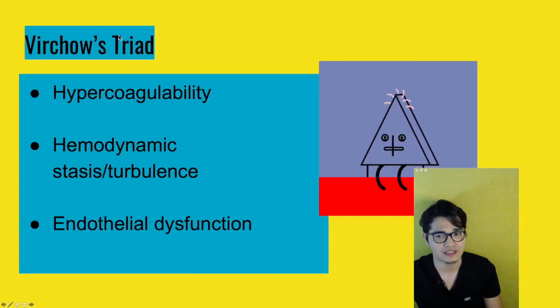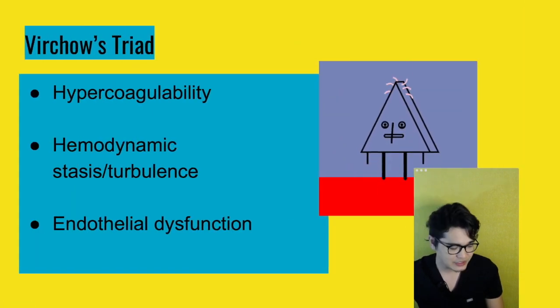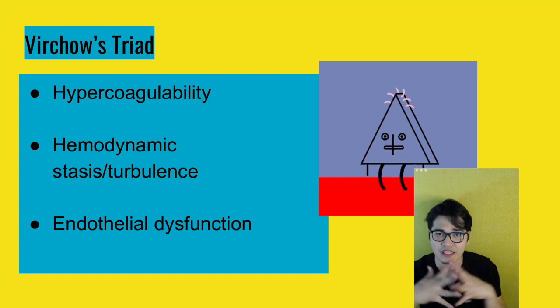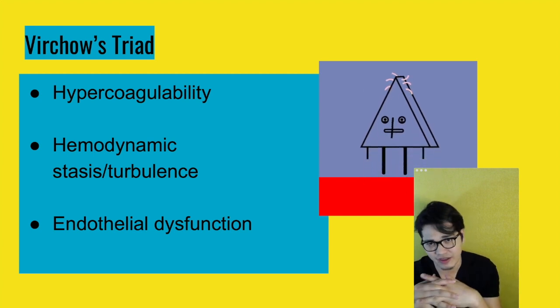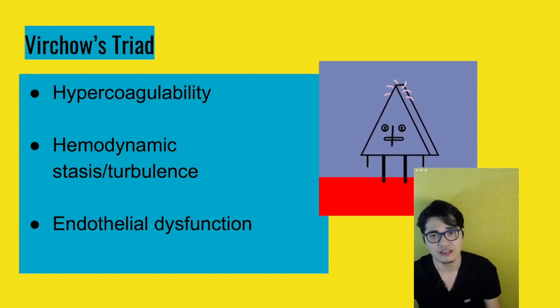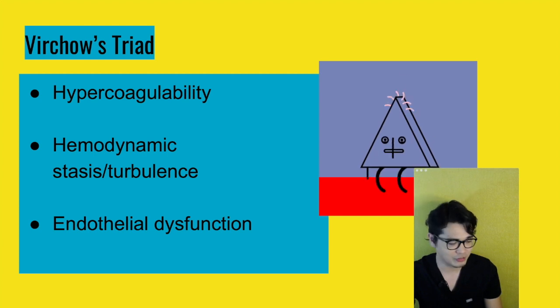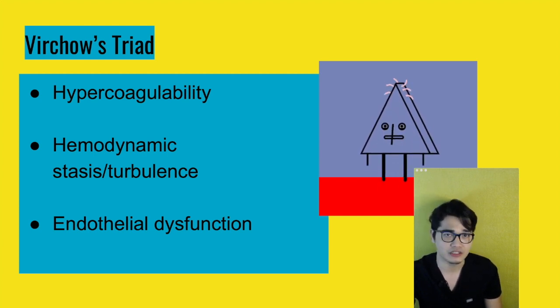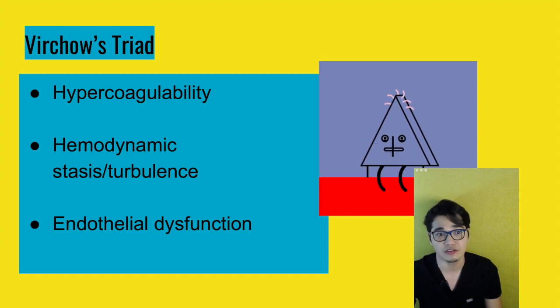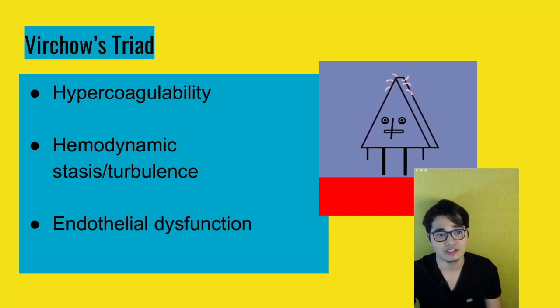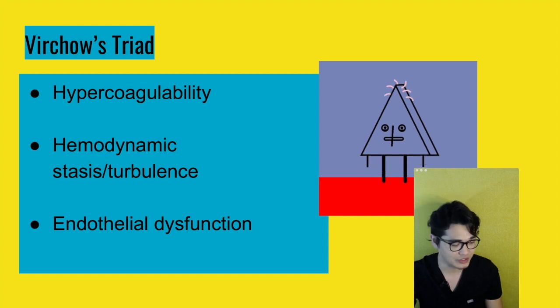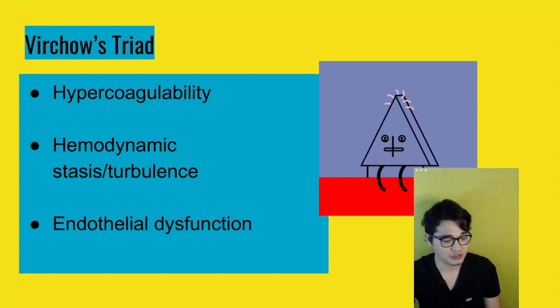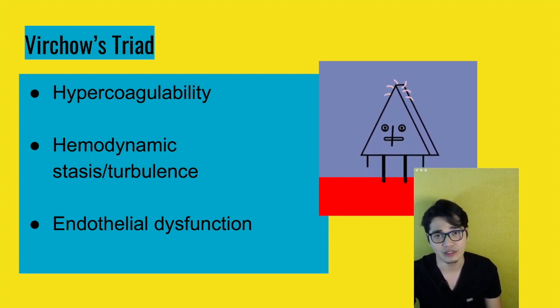Virchow's triad is made up of three intersecting factors that lead to thrombosis once all three factors are set in place. First is hypercoagulability, which could be from blood clotting disorders or hyperviscosity of the blood. The other factor is hemodynamic stasis or turbulence, coming from interrupted blood flow or immobility.